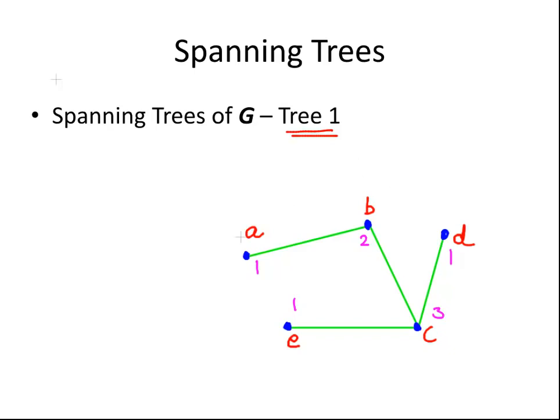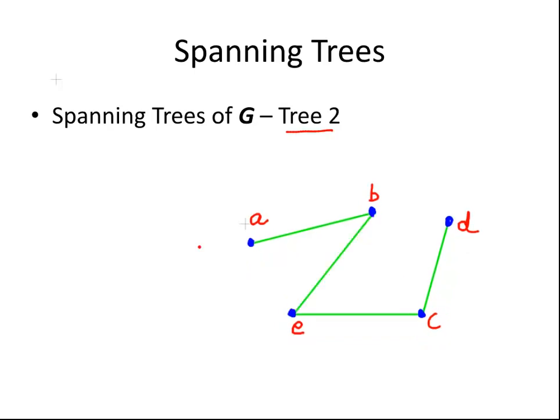Let's look at tree 2, where we remove one of the other edges that is connected at B. So we remove the edge that went from B to C, and that's tree 2 there. So let's write out the degree sequence. 1, 2, 2, 2, and 1. Again, just to be clear, all we've done is remove that edge.